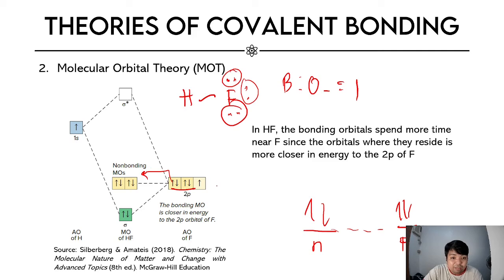It did not participate in the linear combination of atomic orbitals. This is because the 2s orbital is significantly lower in energy, that hindi siya tugma, it's not a match with the 1s of hydrogen in terms of energy.